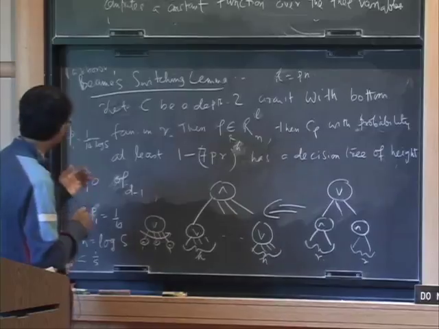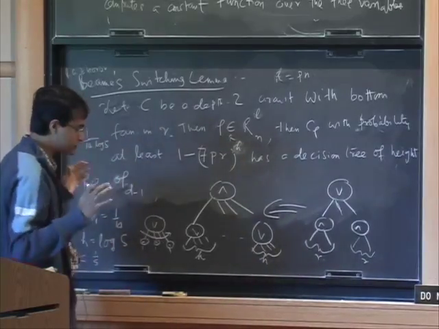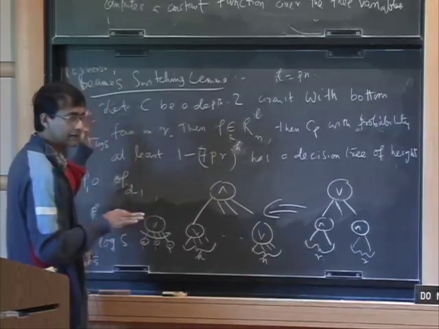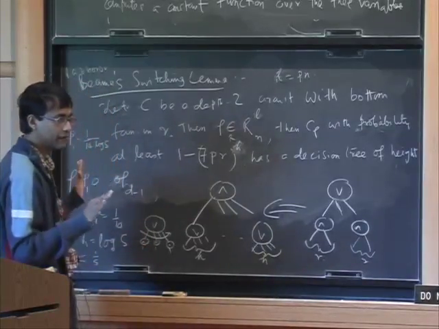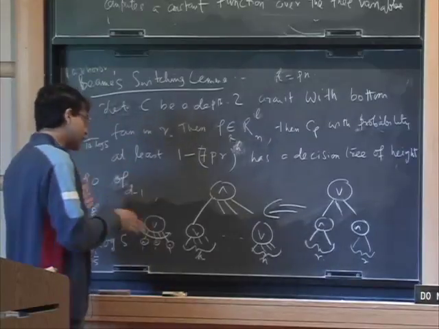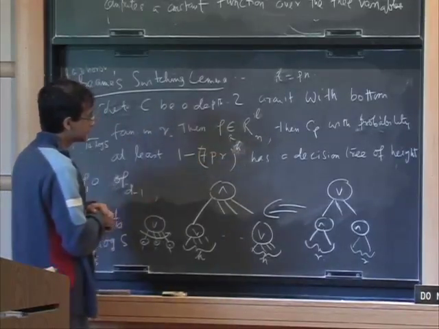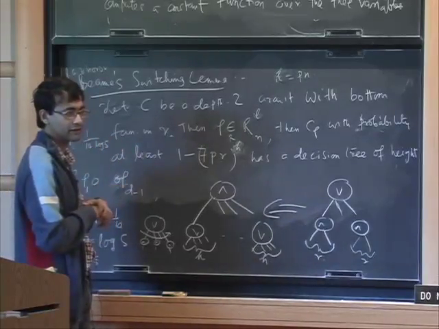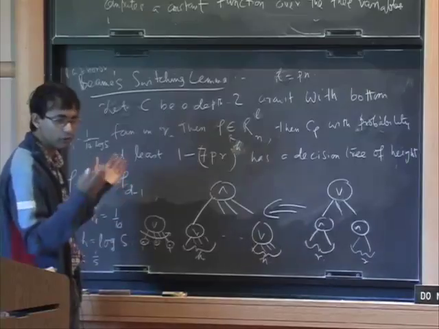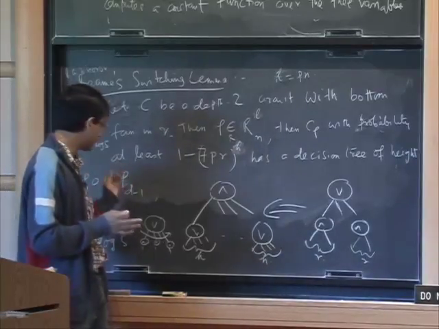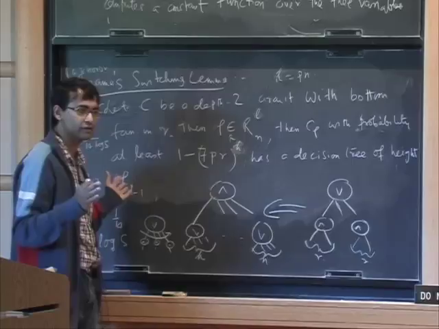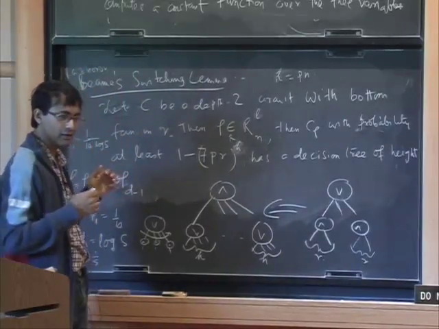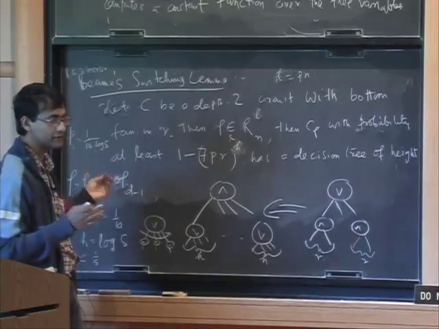Since now we can assume that the bottom fan-in is always log of s, we can keep doing this. At each layer, the probability that a particular subcircuit fails to have a decision tree of height log of s is 1 over s, and we have s many gates at a layer, right? So by the union bound, we always succeed. And once we compose this d minus 1 times, we've got a decision tree of height log of s that computes the output of the restricted circuit, and now you're done.